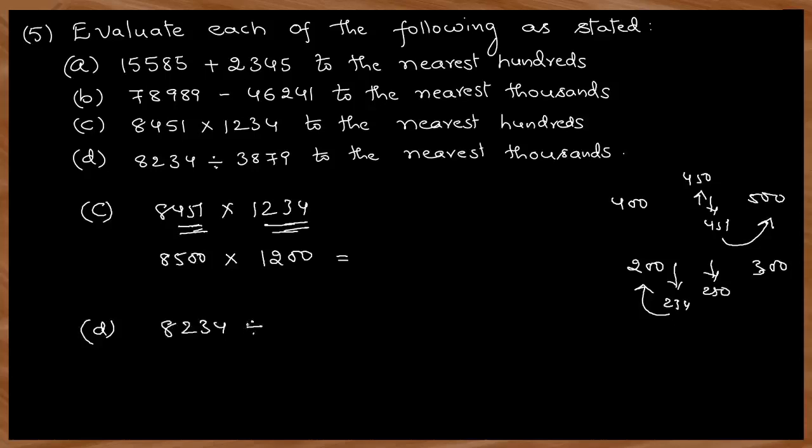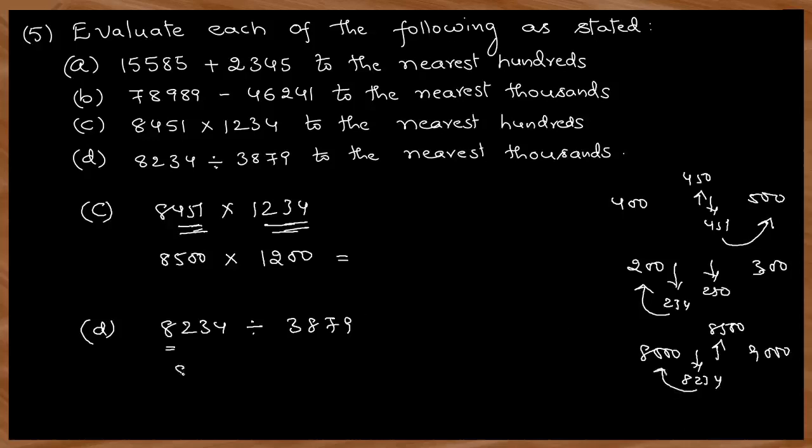8,234 divided by 3,879. So what is he asking? Nearest thousands. So 8,000 to 9,000 you have to check. The middle number is 8,500, but the number is given as 8,234, which lies in between here somewhere, which is nearer to the 8,000.